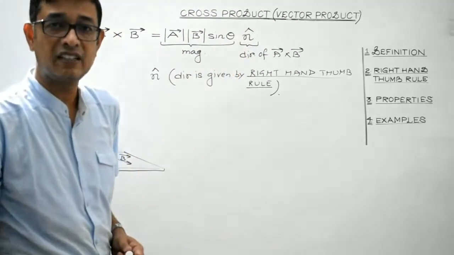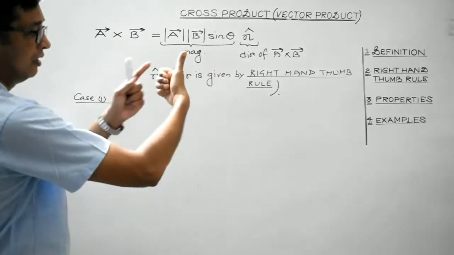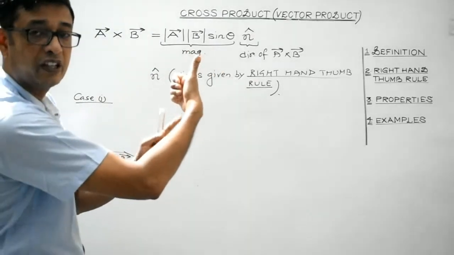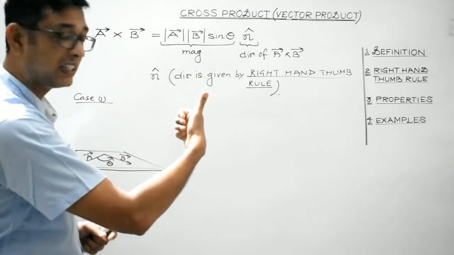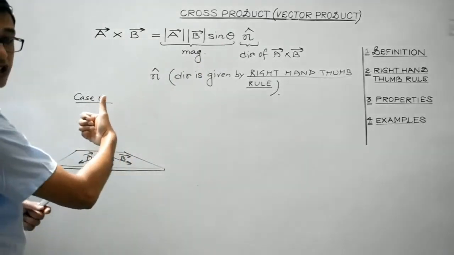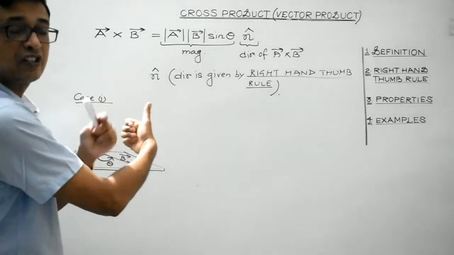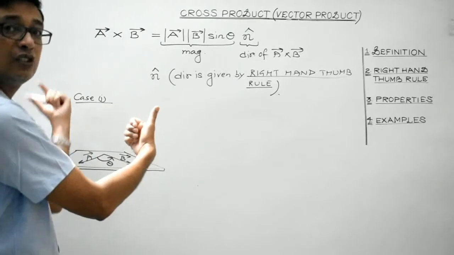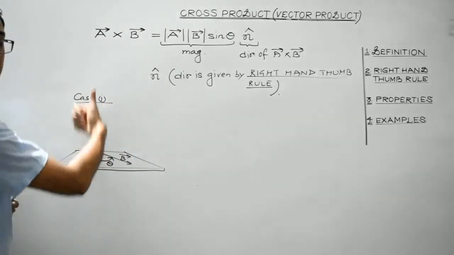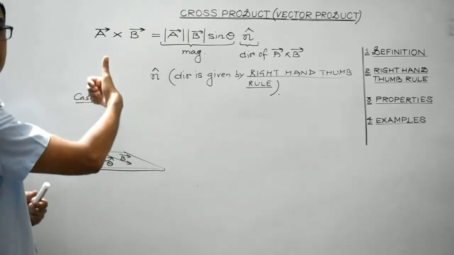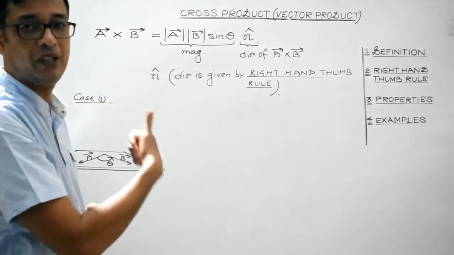And this rule states that in the right hand, the direction in which the fingers curl represents the direction of rotation of A towards B. In that case, the thumb points towards the direction of n cap, which in turn will give us the direction of A vector cross B vector.